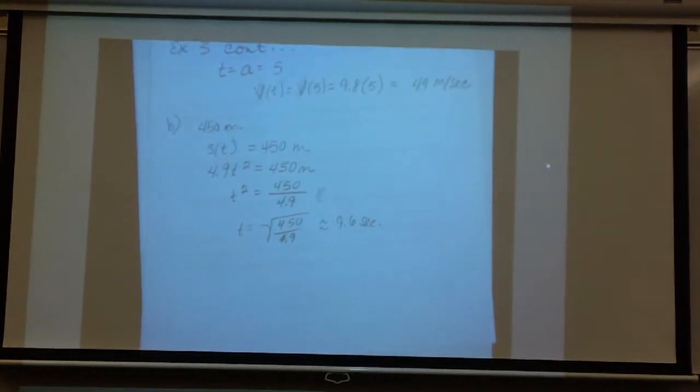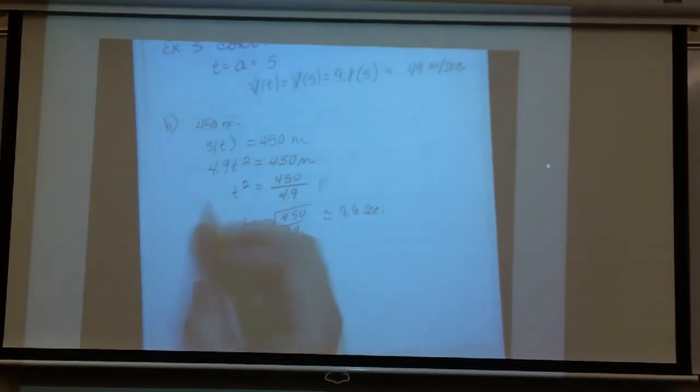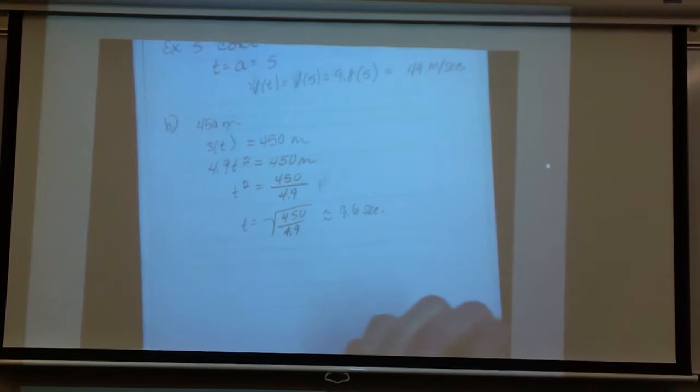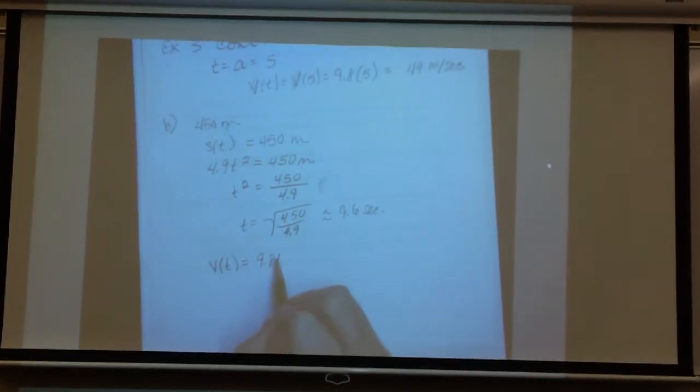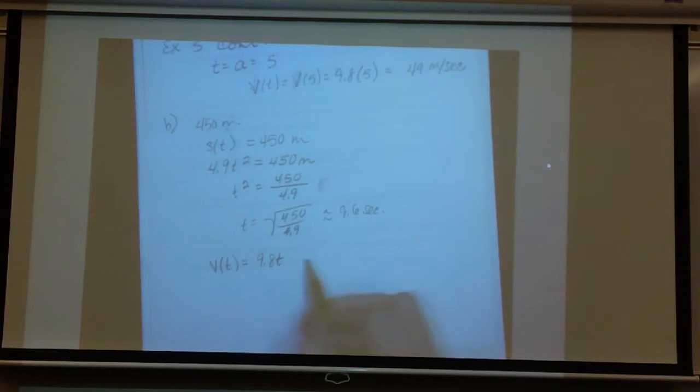So I'm not really doing calculus here, except that we just have to know what the position function means. Okay, but it also asks the velocity of the ball as it hits the ground. We know the velocity function now. We are given the velocity function. We figured it out. Right?